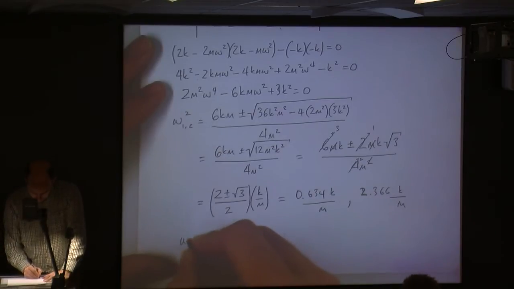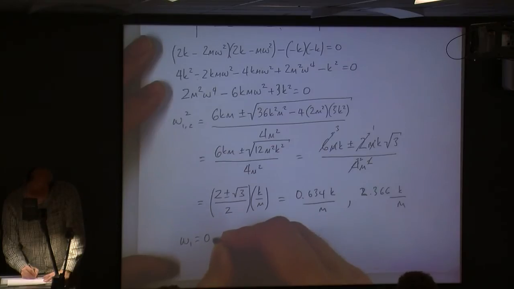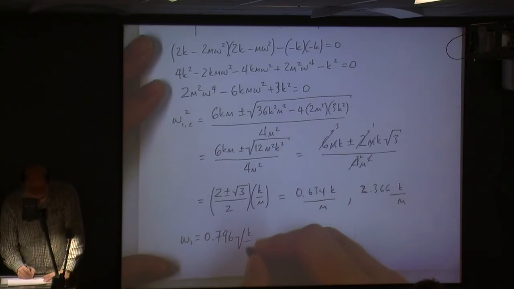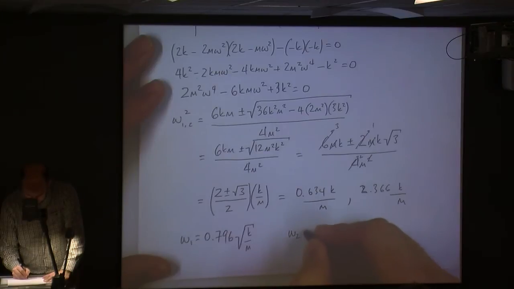So omega 1 is 0.796 root k upon m. Omega 2 is 1.538 root k upon m.